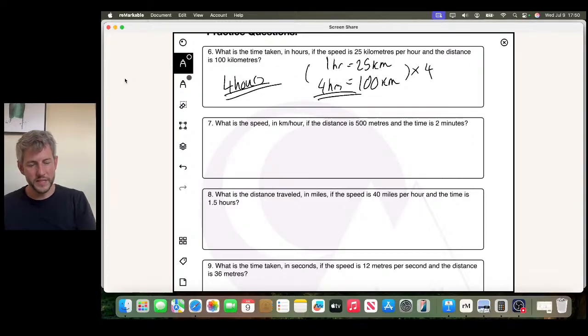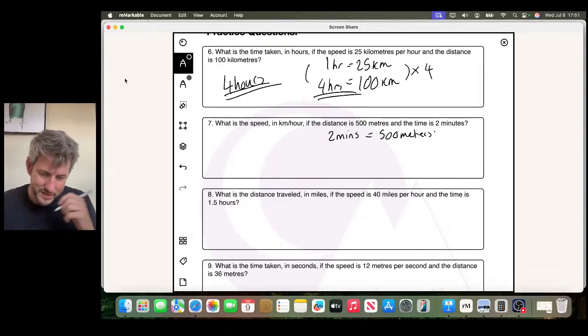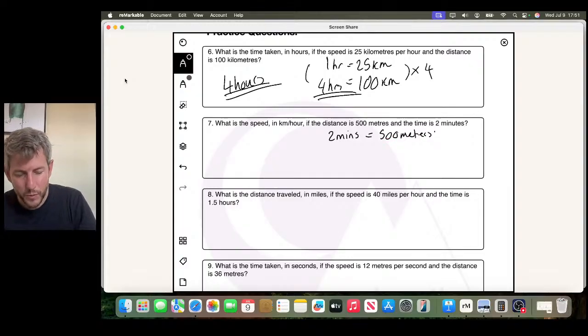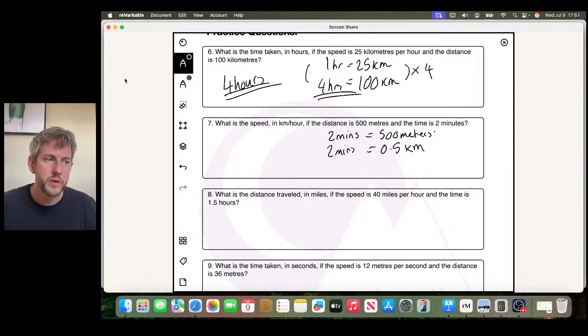So what this means is 2 minutes equals 500 meters. So let's convert this into kilometers first, and then we'll worry about this. So we know that 2 mins equals 0.5 kilometers, because a kilometer is 1,000 meters.